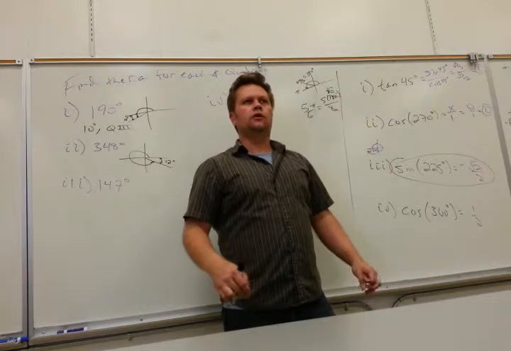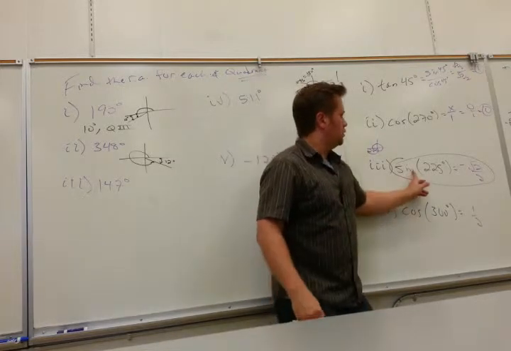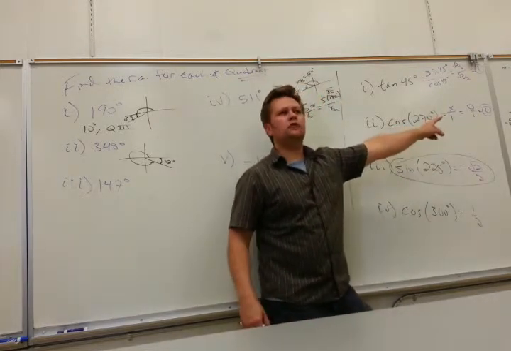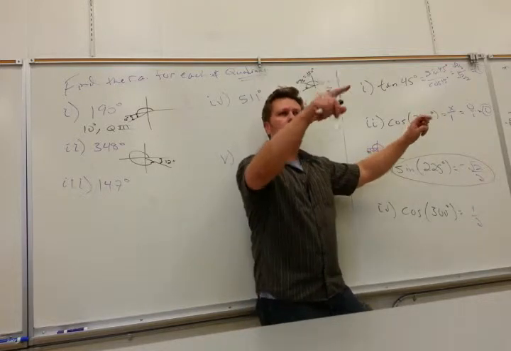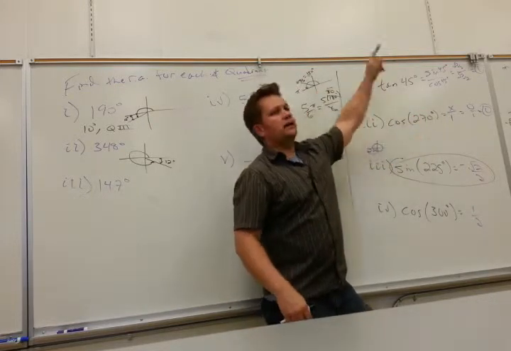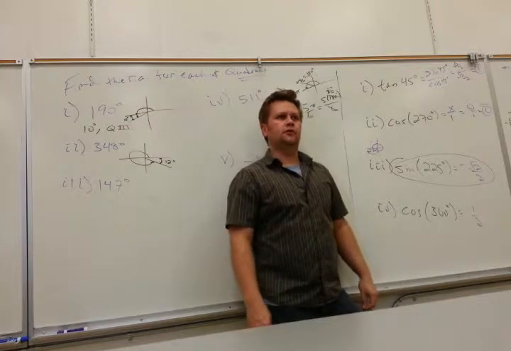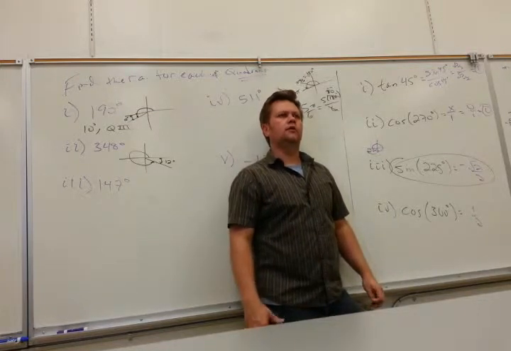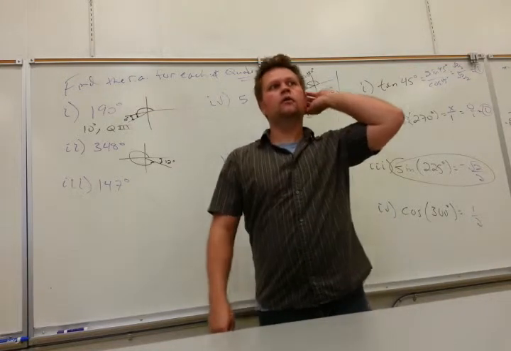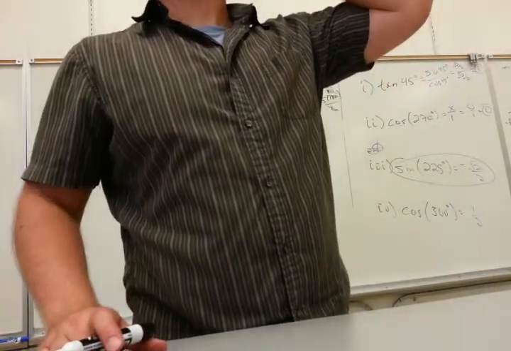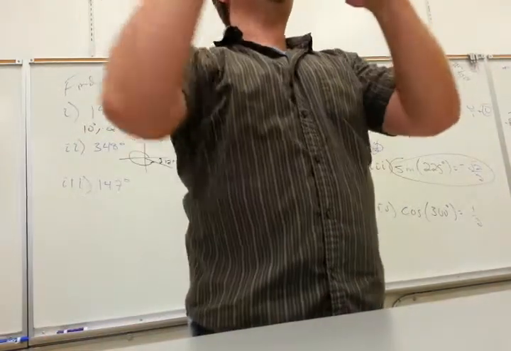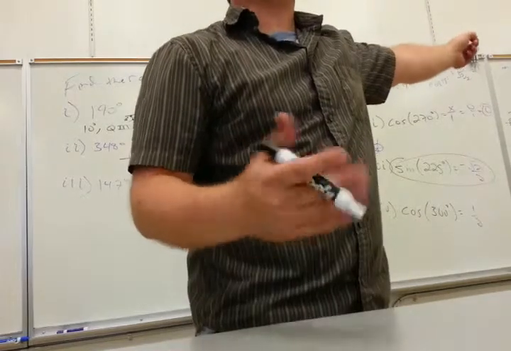Is that cool? So never forget that these are really just ratios of sides of a triangle. The output will always be, how long is that piece of it? Right now I'm talking about a unit circle.